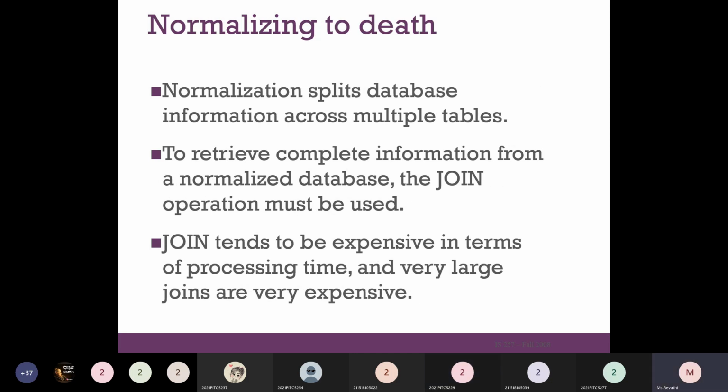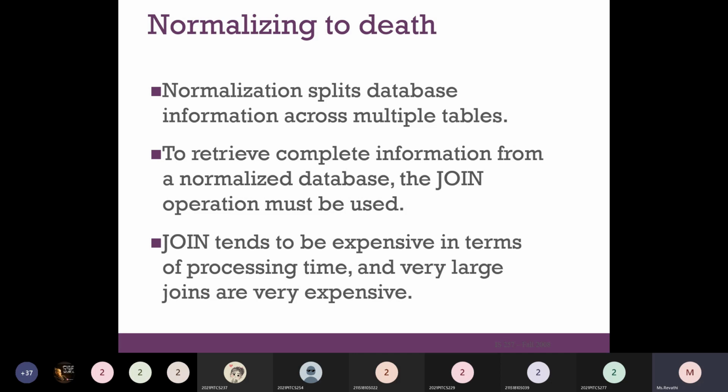In normalization, we split the database information across multiple tables. We break the table into smaller tables, isn't it? To retrieve complete information from a normalized database, the join operation must be used.